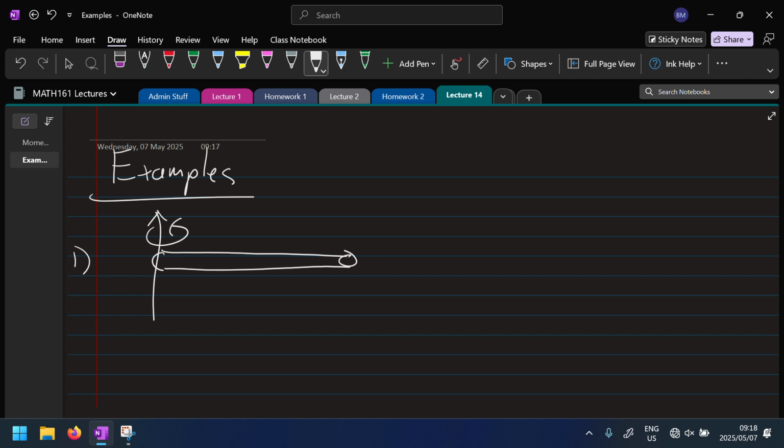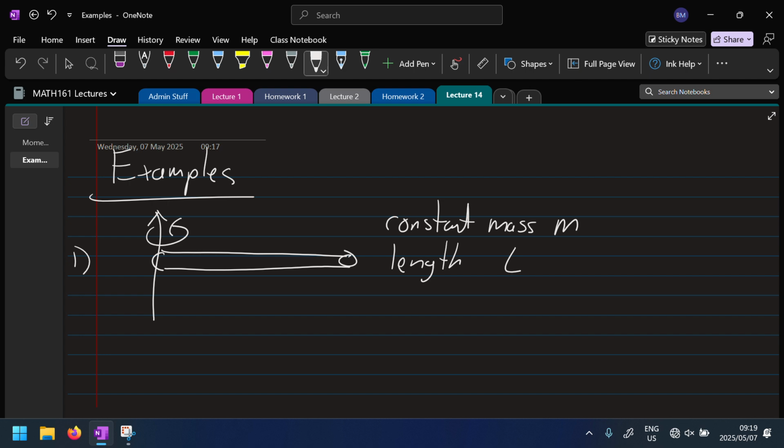What's the moment of inertia? So this is a constant mass, m, length L. Okay, so that's all the information you're given. Question, what is the moment of inertia around this given axis?